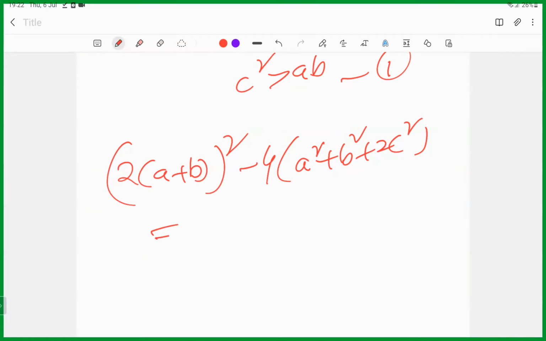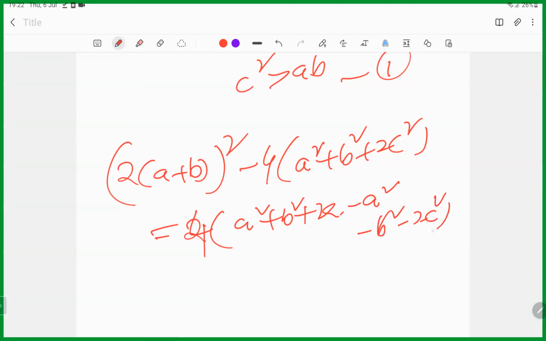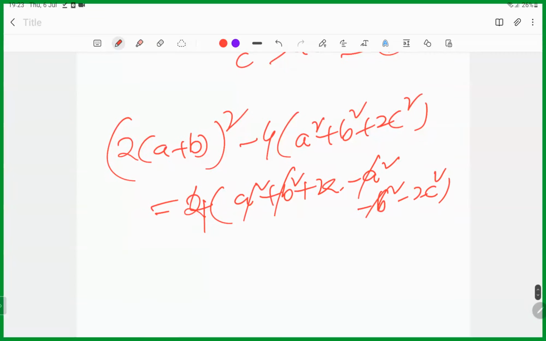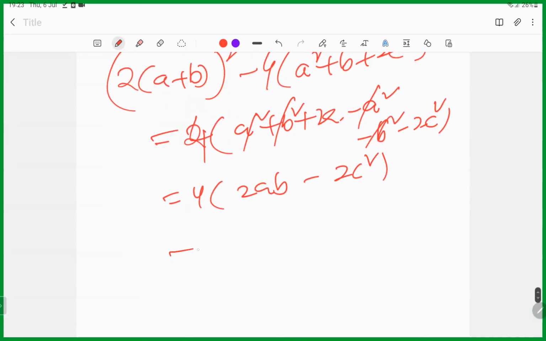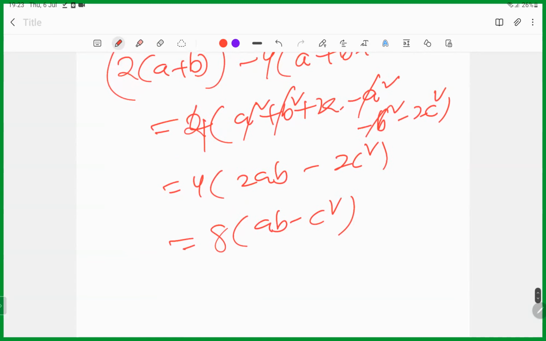So try to expand this one. 4 into a square plus b square plus 2ab, take out 4 common, and minus a square minus b square minus 2c square. A square, b square cancel out. 4 into 2ab minus 2c square, take out 2 common again: 8 into ab minus c square. Ab minus c square is less than 0 from equation 1, so that is less than 0. So it says that it has no real roots.